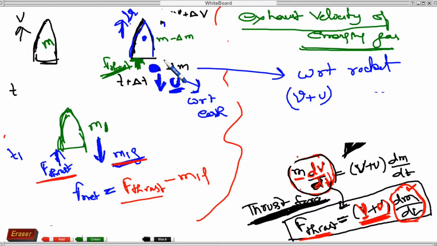I will see the rocket going up with velocity v, and delta m coming down with velocity u.